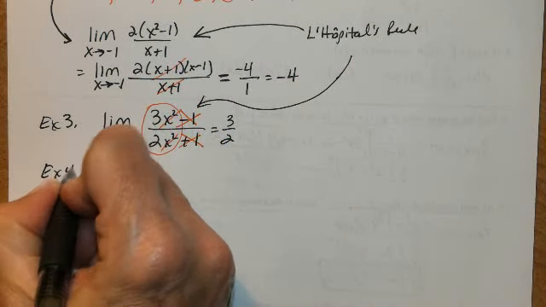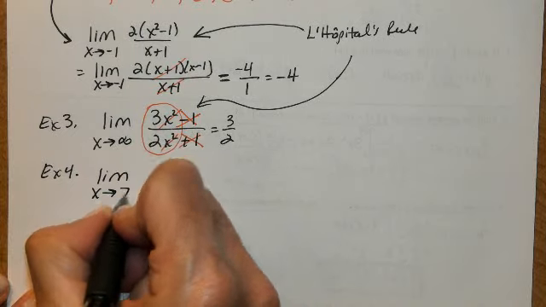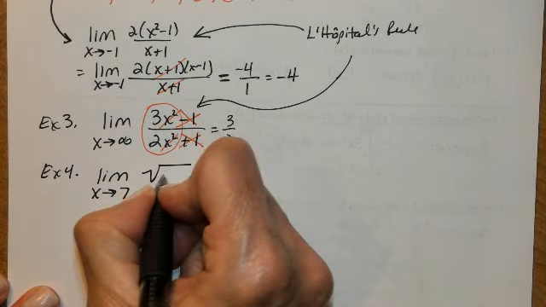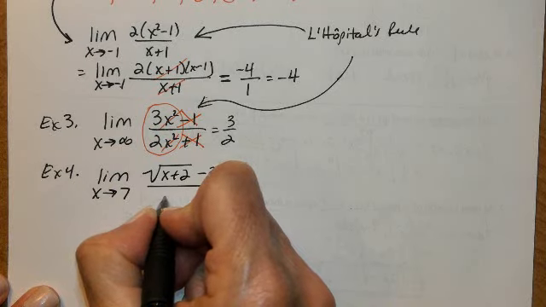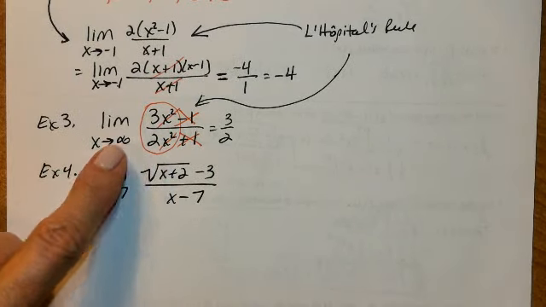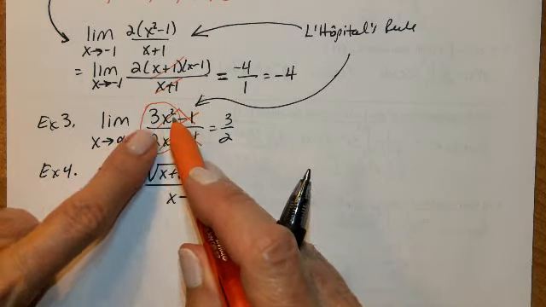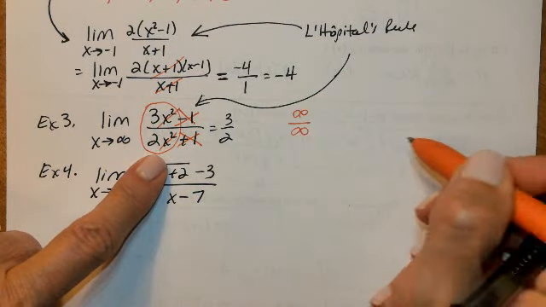Example 4. Limit x goes to 7, square root x plus 2 minus 3 over x minus 7. And I didn't in this previous one, I should have said, as you first just plug in a huge unbounded number, you do get infinity over infinity, right?